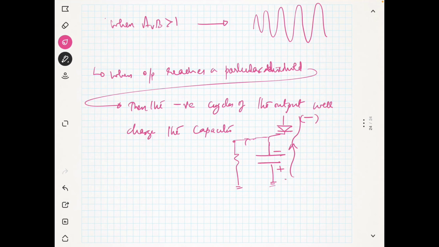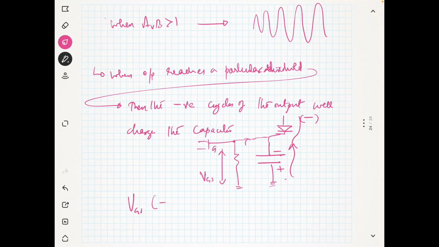That is also a problem. Now this is your JFET and this is your gate. So the voltage VGS, it will charge the capacitor.